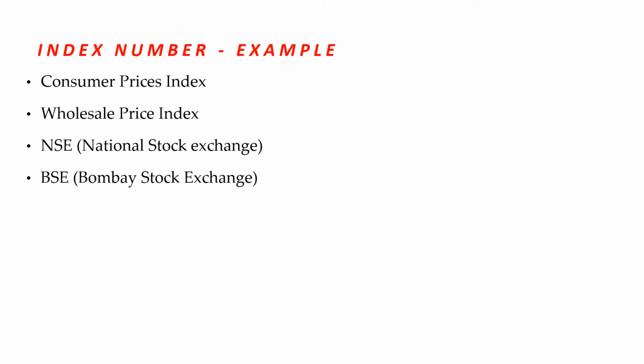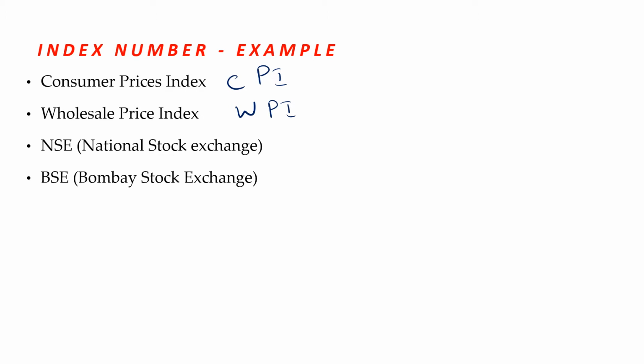Now coming to examples of index numbers. We usually see in the newspaper CPI, WPI, all these things. All these are nothing but index numbers. CPI refers to consumer price index, WPI refers to wholesale price index. Apart from that, there are various other index numbers as well, which are very important in formulating economic policy or for important government decisions.